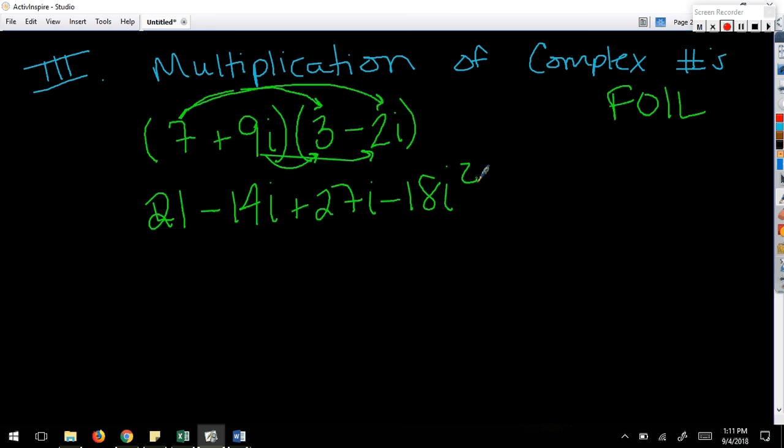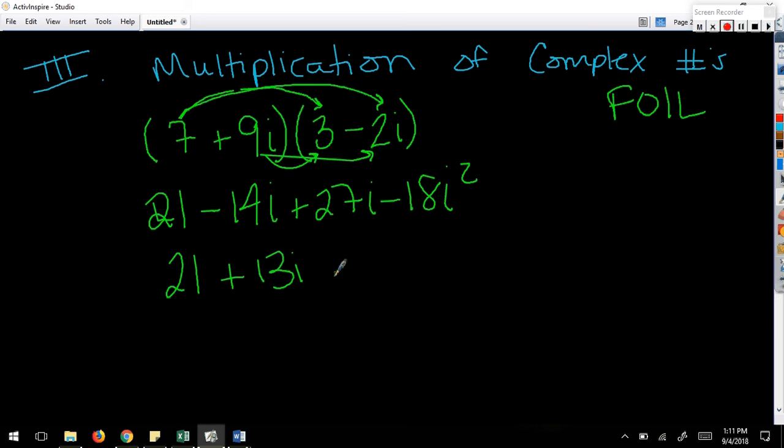Now, let's put those middle two terms together because we know to do that, right? -14i and 27i is 13i.